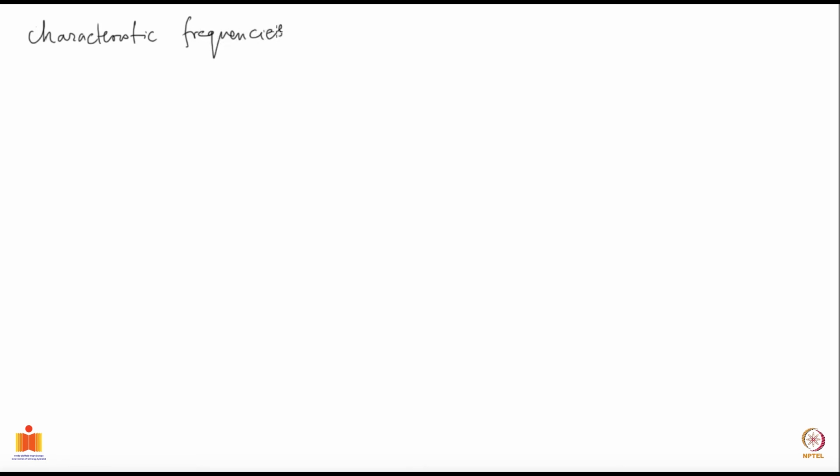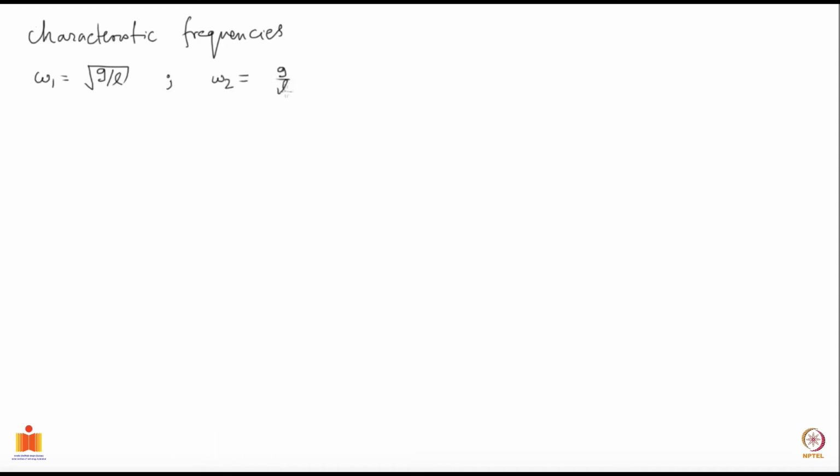So one is omega 1 equals square root of G over L, that is of a simple pendulum, and it's not surprising that this is what you get, as I explained a couple of minutes ago.